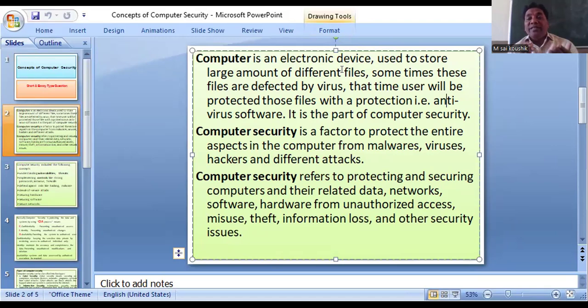When you feel unsecured, your mind automatically thinks, I want to secure my file. At that time you can install antivirus software for protection. After installing and scanning is over, you can imagine my file is safe. Why? Because your mind thinks you are part of computer security.